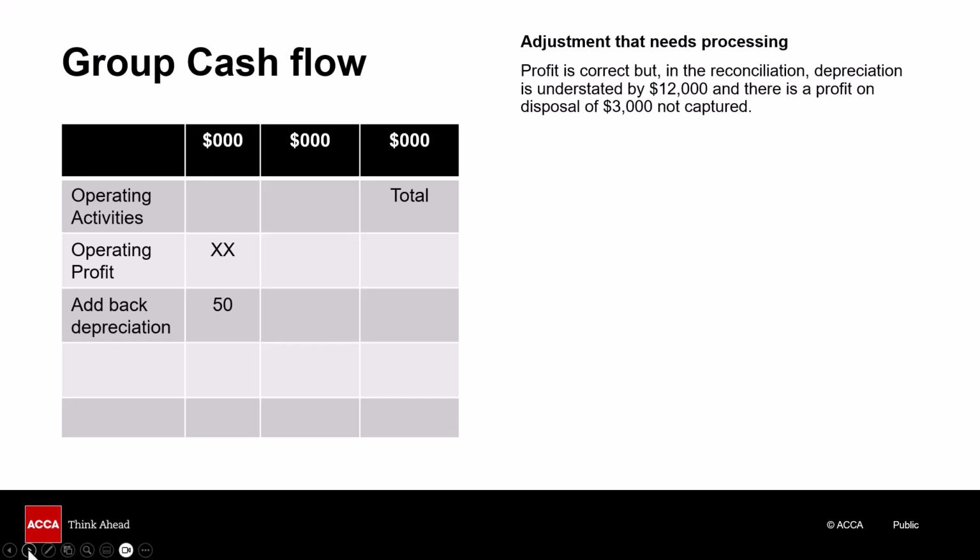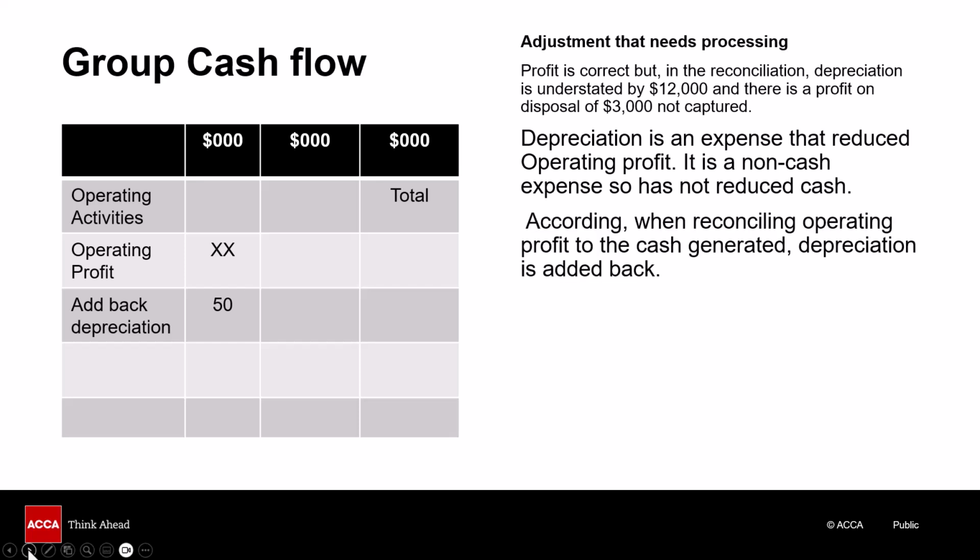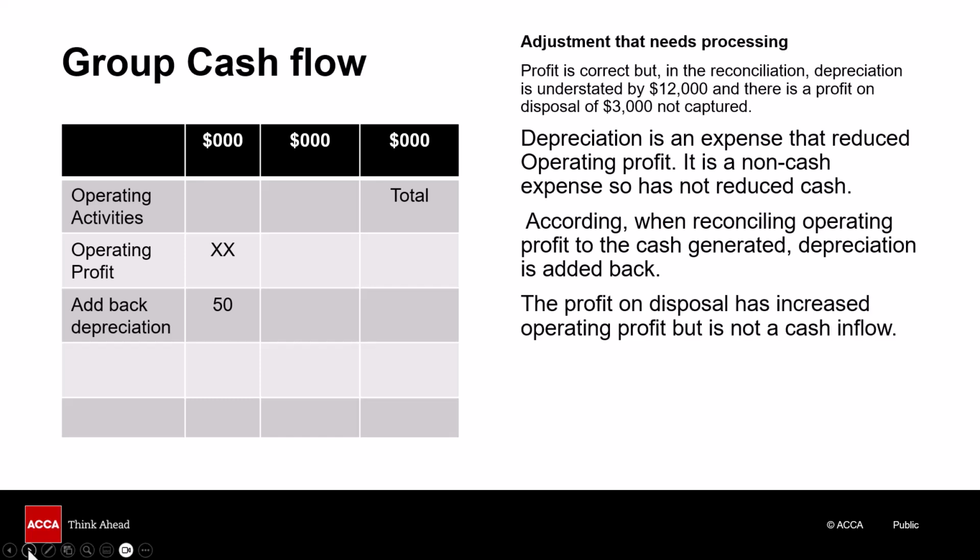So we're adding back the depreciation because the depreciation has reduced profit but not reduced the cash. And we're trying to reconcile the operating profit to the cash generated from operating activities. So I will be looking to effectively add back the extra depreciation of 12.